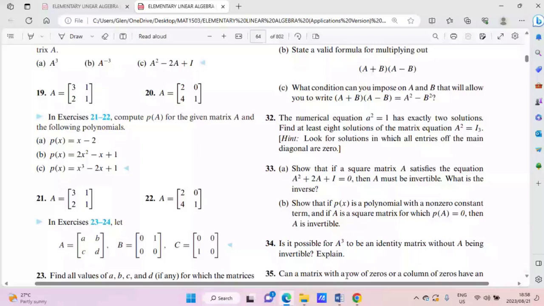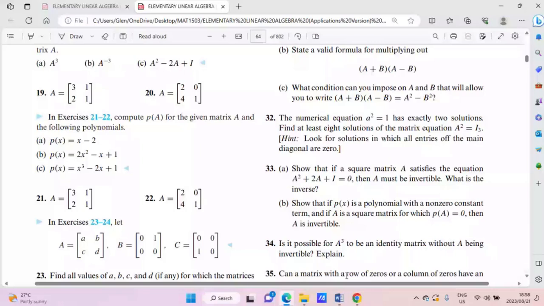Then 0 minus 0 gives us 0. Then 24 minus 4 gives us 20. Then 2 minus 1 gives us 1. Then we add the second one, which is the identity, 1001.